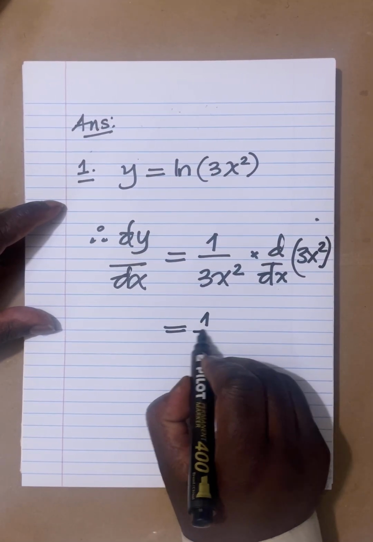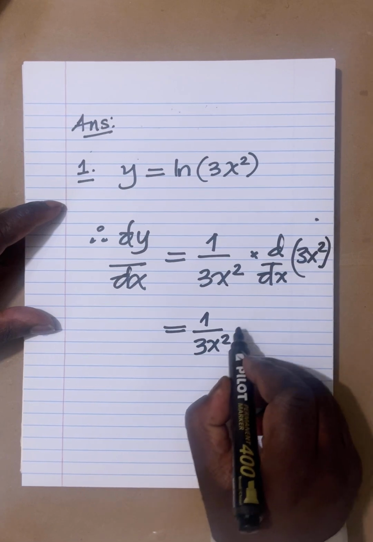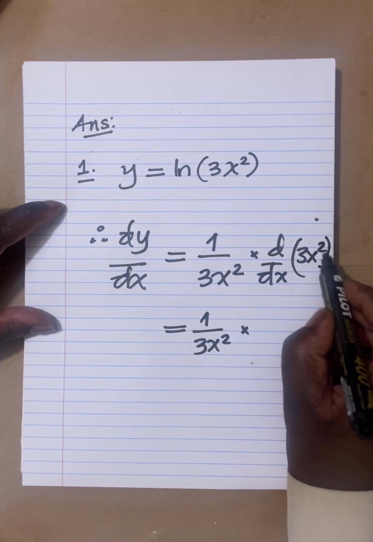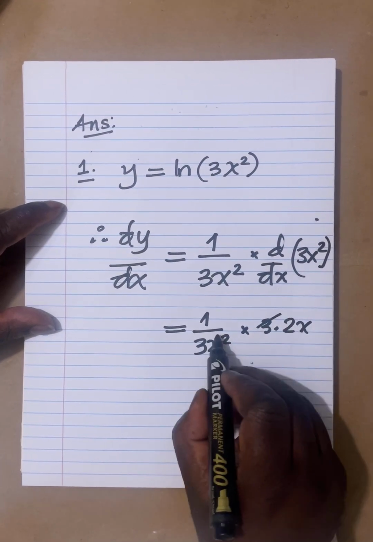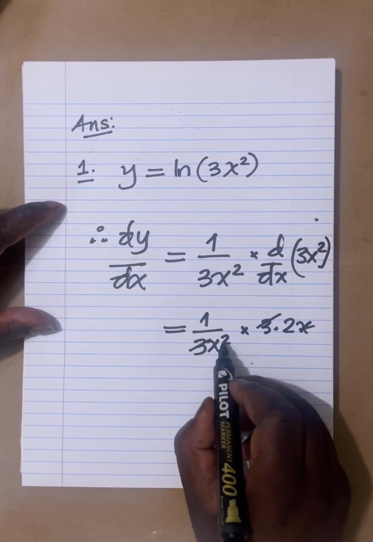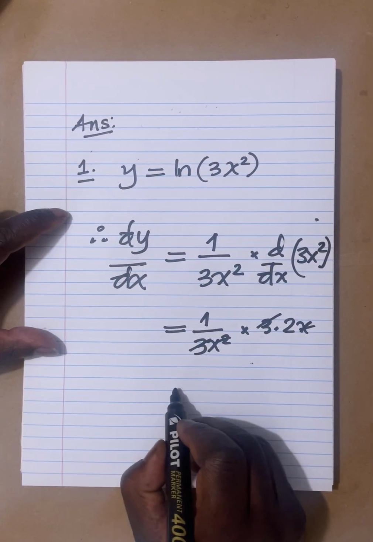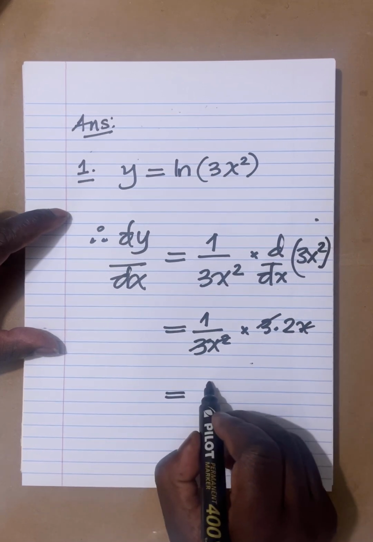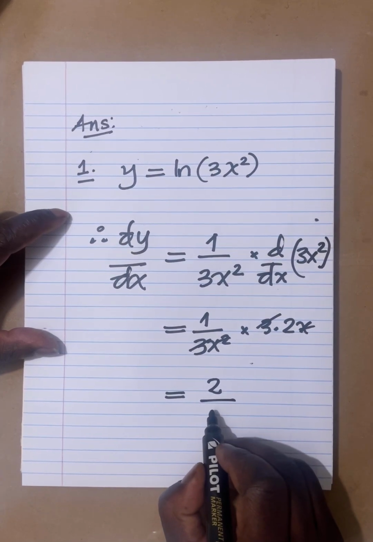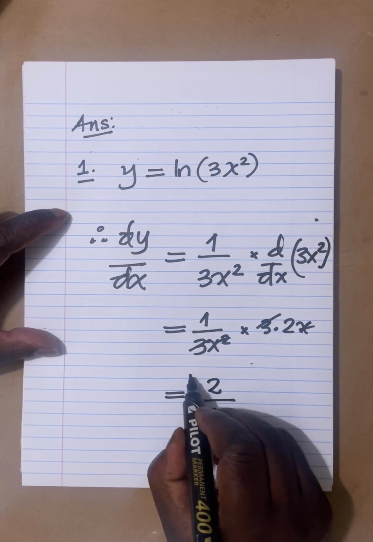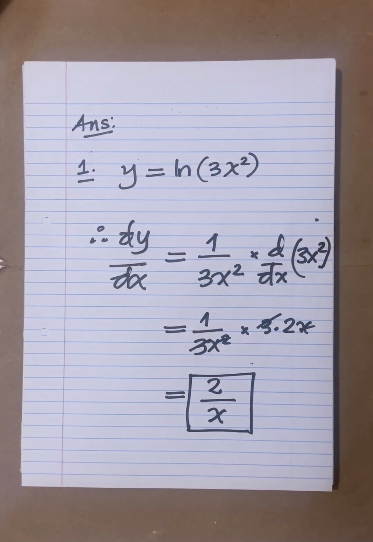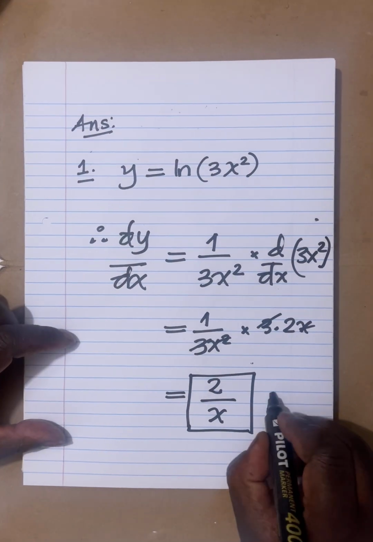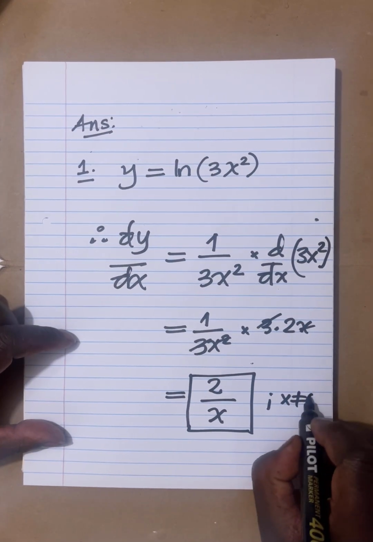This is 1 over 3x squared multiplied by derivative of this, which will be 3 times 2x. And the 3's cancel, and 1x cancels 1x down there. So my final solution then is, in the numerator I have 2, and in the denominator I have x. That's the final solution to question 1. And obviously x should not be equal to 0.